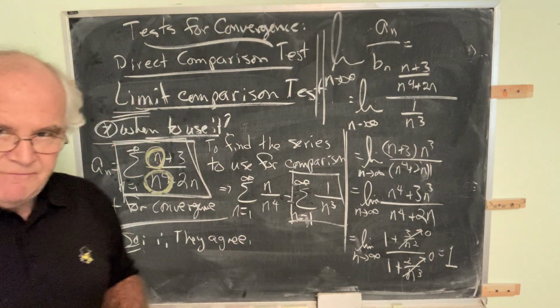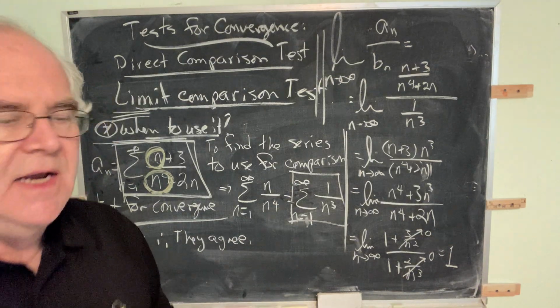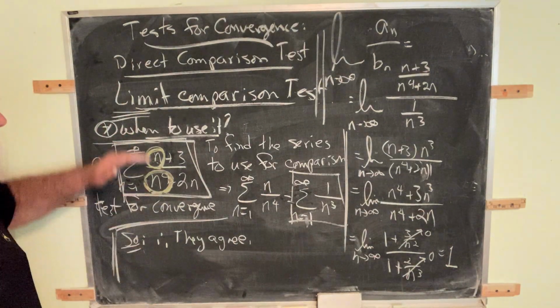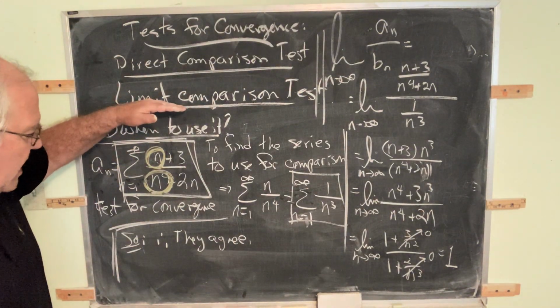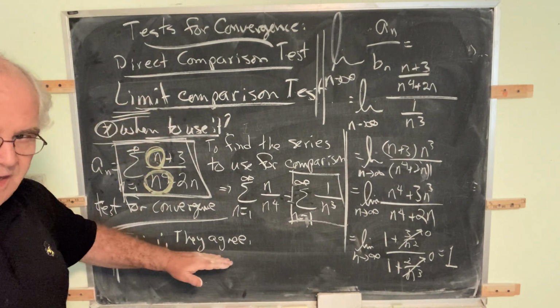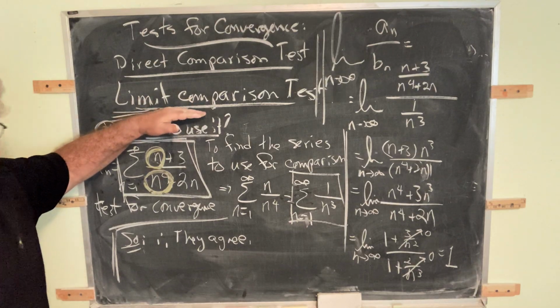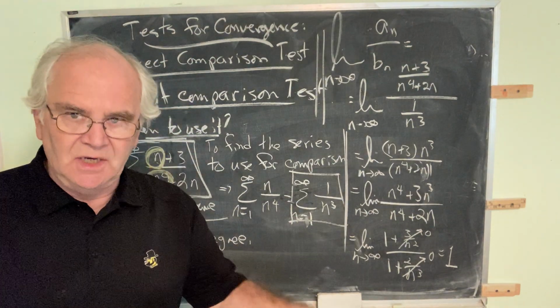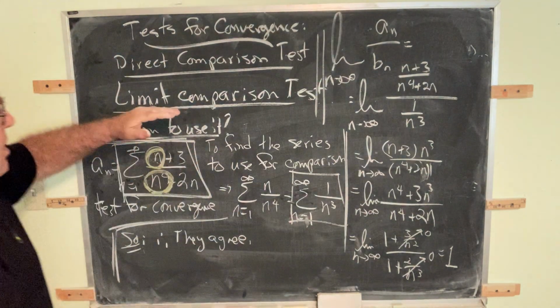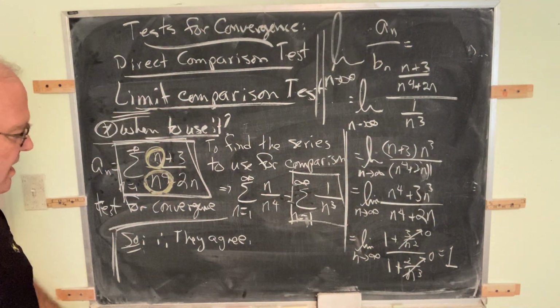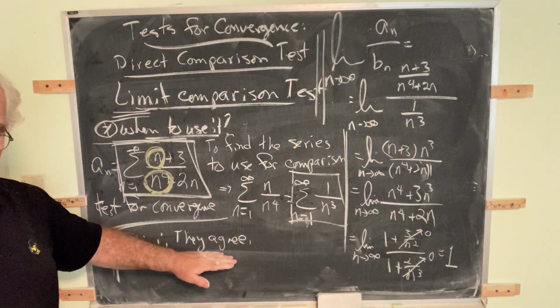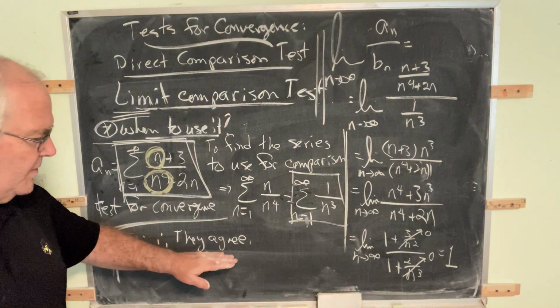It is never, ever correct to say, with the limit comparison test, therefore it converges. That's not right. The conclusion of the limit comparison test is never converging or diverging. The conclusion of the limit comparison test is they agree. All right? They agree.